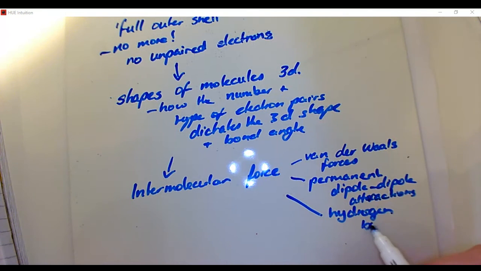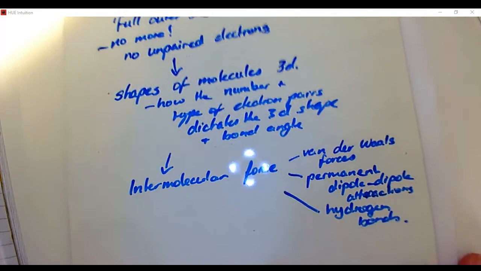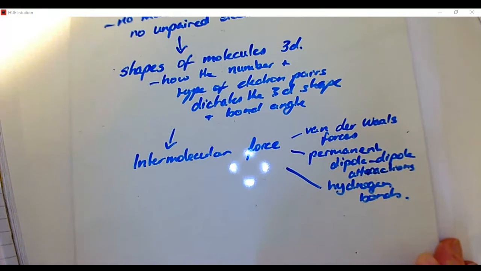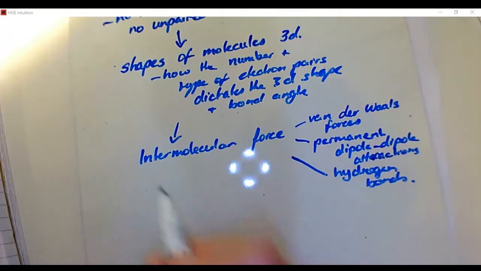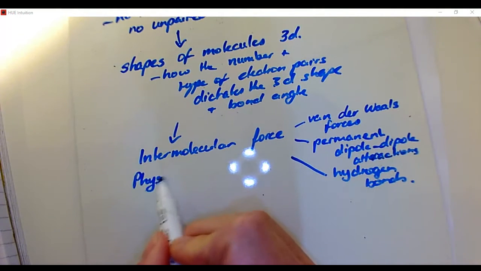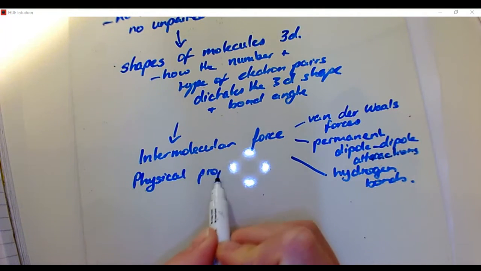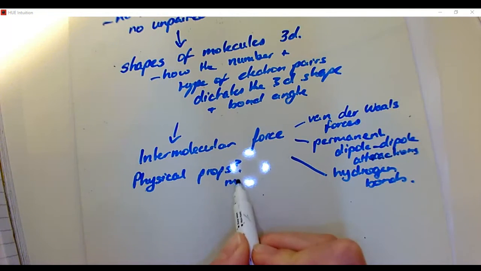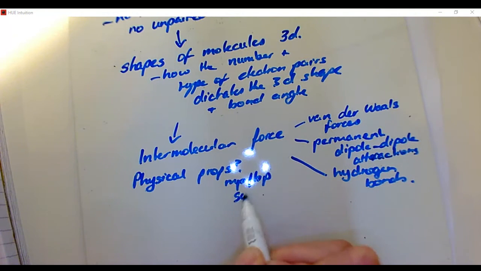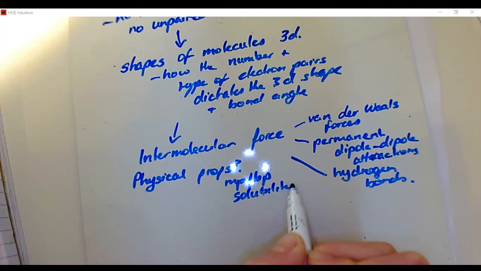These are the different types of connections you can have between molecules, and you need to be able to identify which ones are present and what effect that has on the physical properties. Physical properties here is just melting point, boiling point, and solubility. In the past we haven't really looked at the effect of bonding between particles in terms of solubility.